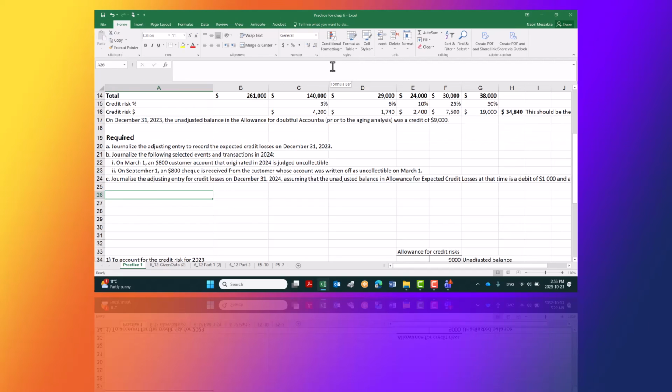The very common mistake I really ask you not to make is to put that number, the result of the calculation. No, the $34,000 is not what should be in your journal entry. The $34,000 is the ending balance after the adjustment is done. After this journal entry is done, you have to end with $34,000.